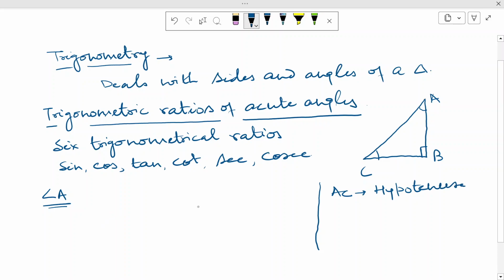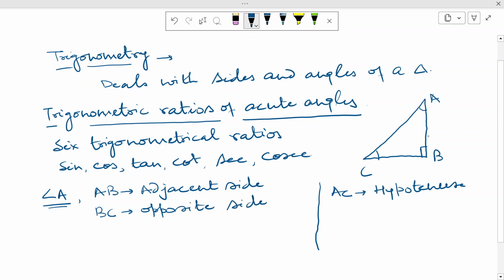So, AC is our hypotenuse, and when you talk about angle A, the side AB is the adjacent side, because angle A is lying between the hypotenuse and the side AB. And for this angle, BC is the opposite side.